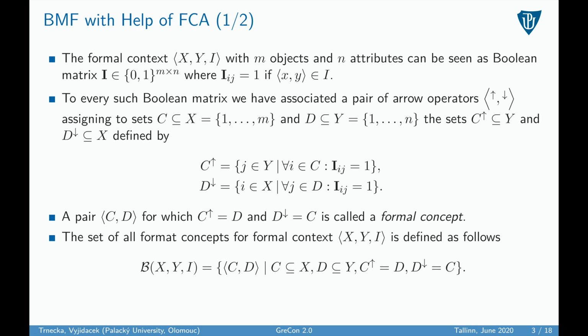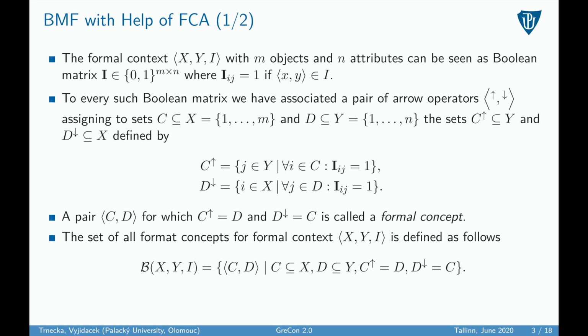Formal context is a structure with three items: X, Y, and I, where X is a set of objects of size m, Y is a set of attributes of size n, and I is an incidence relation which says object x has an attribute y if this tuple is in I. This structure can be seen as a Boolean matrix I, where matrix item at indexes i and j is equal to 1 if tuple small x and small y is in the relation I.